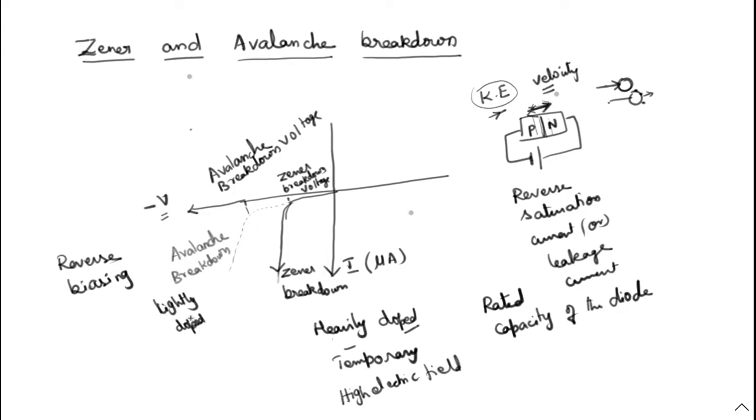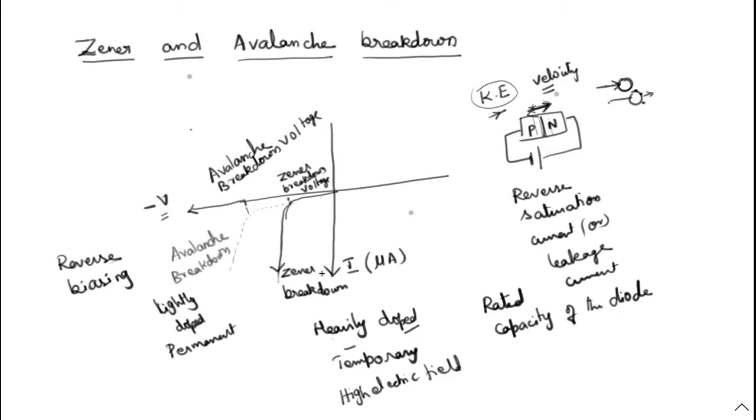But this avalanche breakdown is the permanent breakdown. If you remove this reverse bias voltage, the junction never regains its original function. It totally damages the PN junction.